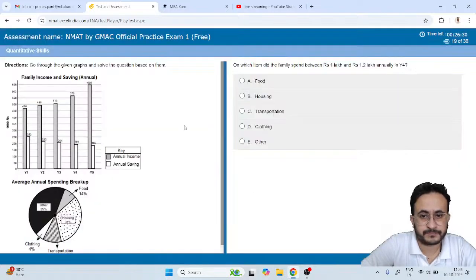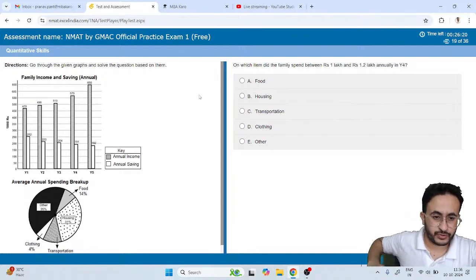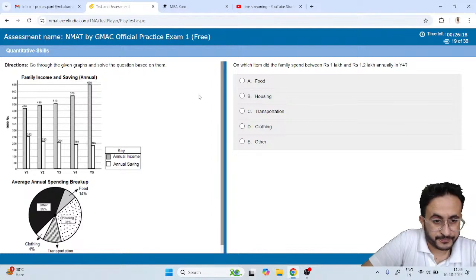Next is, on which item did the family spend between 1 and 1.2 lakh annually in Y4? We will find the annual expenditure in Y4. If you look at Y4, the total expenditure is 570 minus 191, that is 379. And it is asking 1 lakh and 1.2 lakh.